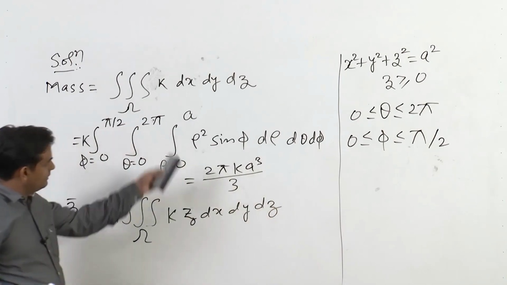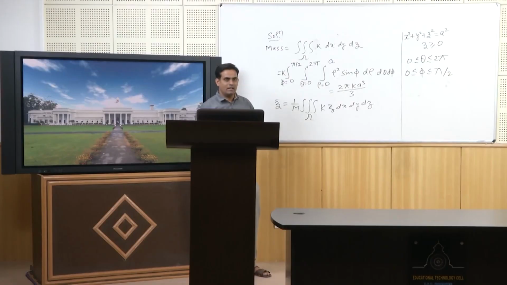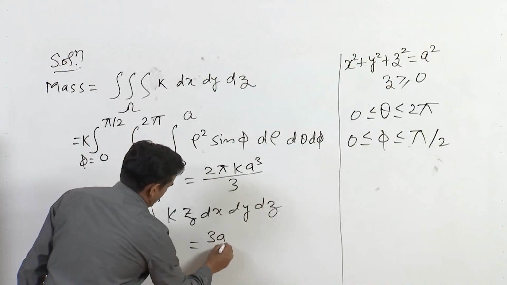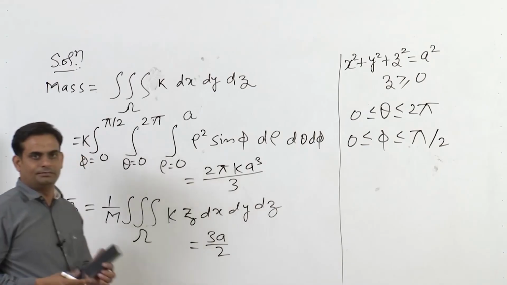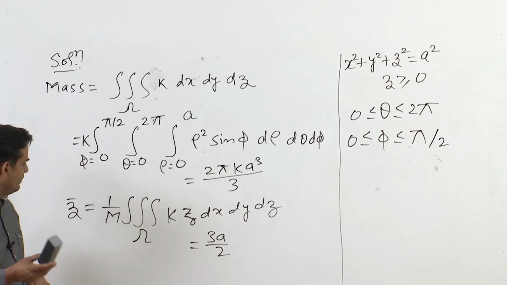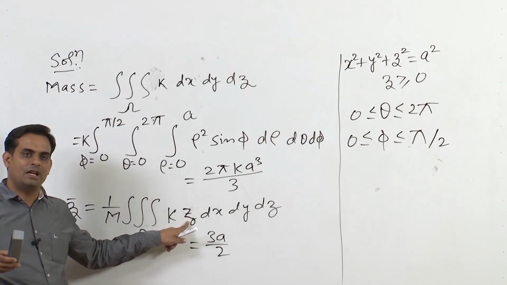So, again change everything into spherical coordinates, and then solve it. It will come out as 3a by 2. Similarly, you can calculate x bar and y bar also. In x bar, here we will have x, in y bar here we will have y.